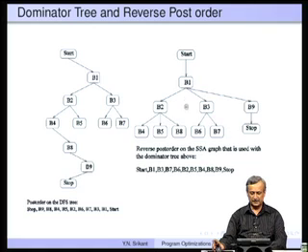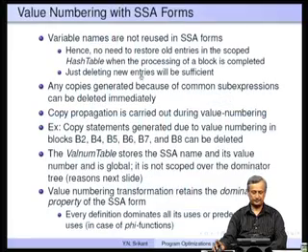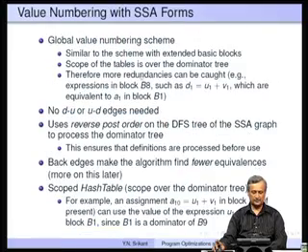So, the idea is that by the time you actually look at these children, you would have finished the processing of their dominators, and therefore, the expressions which were defined in these dominators are all available for use in these children. So, that is what really is the basis of this ordering. This ensures that the definitions are processed before use, that is succinctly put.